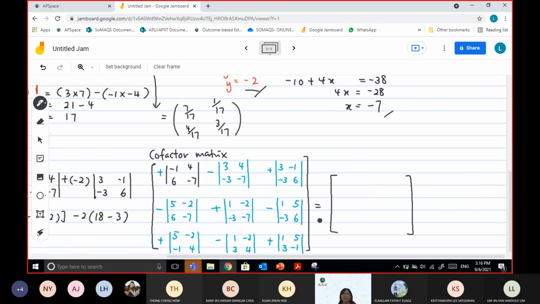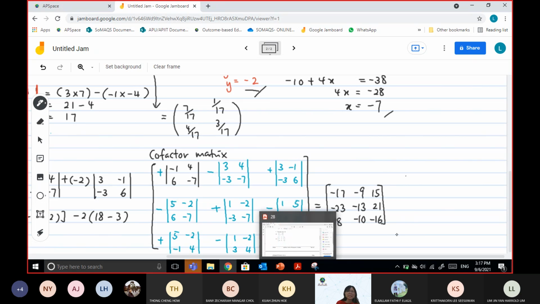So we check this answer first. Let's check the answer: negative 17, negative 9, 15, then negative 23, negative 13, 21, 18, negative 10, and negative 16.